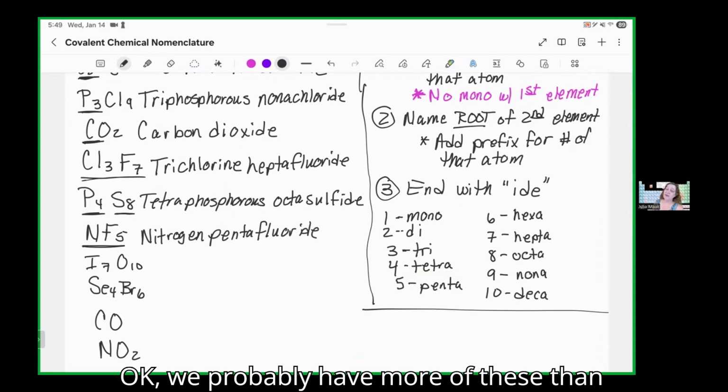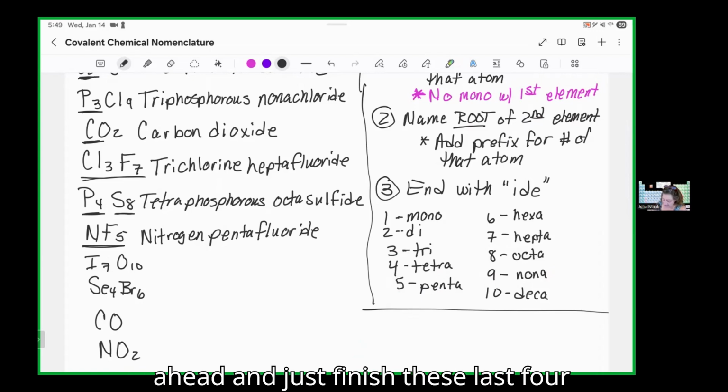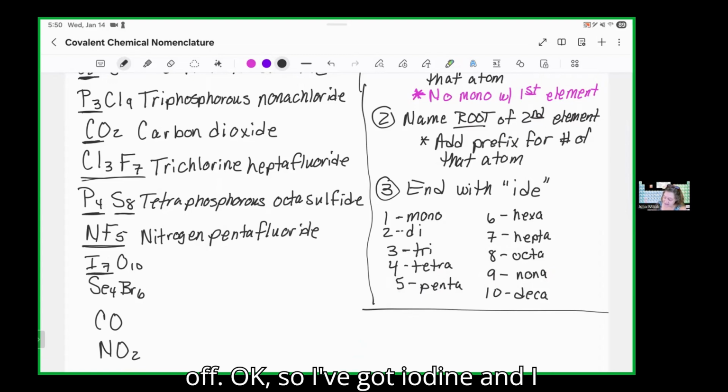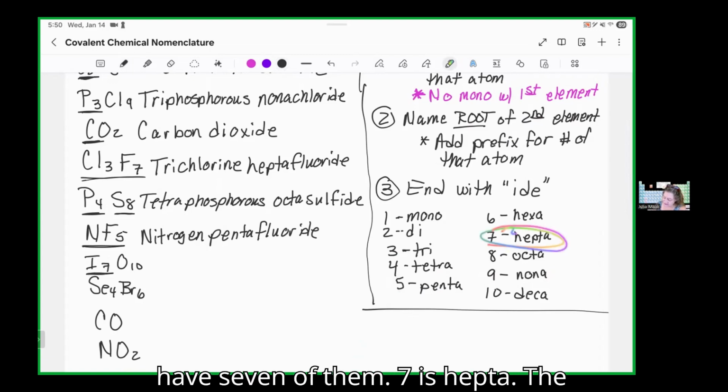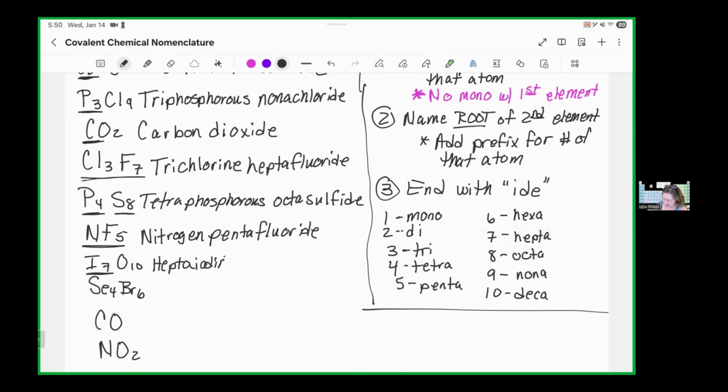We probably have more of these than we need for practice, but let me go ahead and just finish these last 4 off. So I've got iodine, and I have 7 of them. 7 is hepta, the 2 H's go together. So I've got hepta iodine.